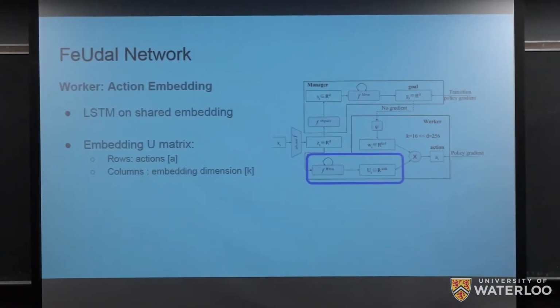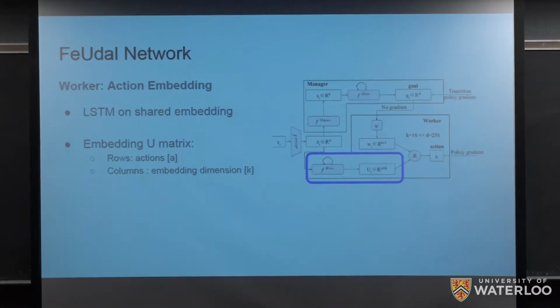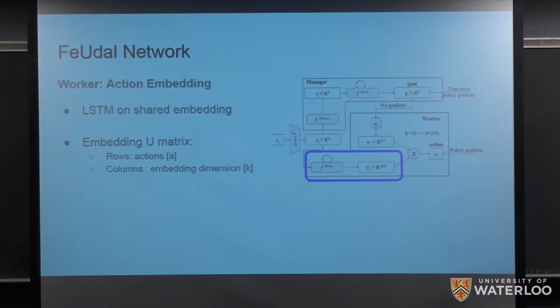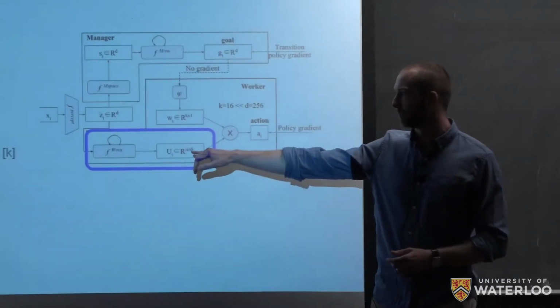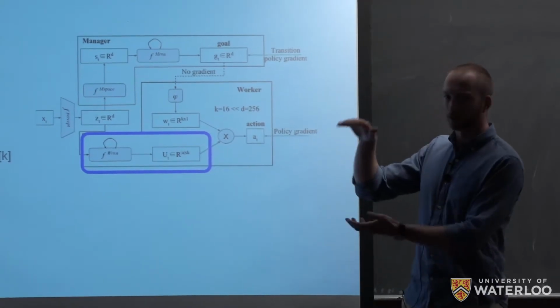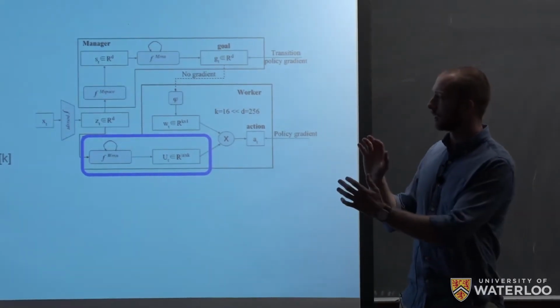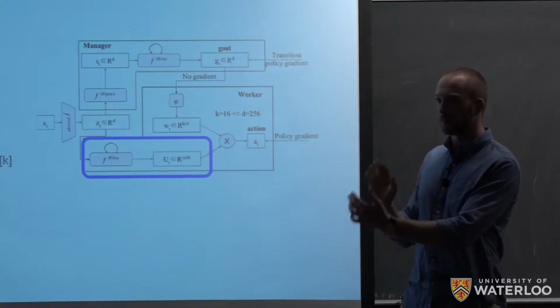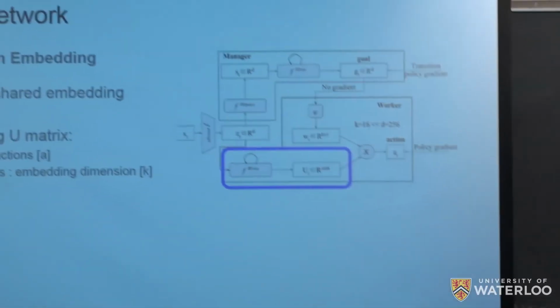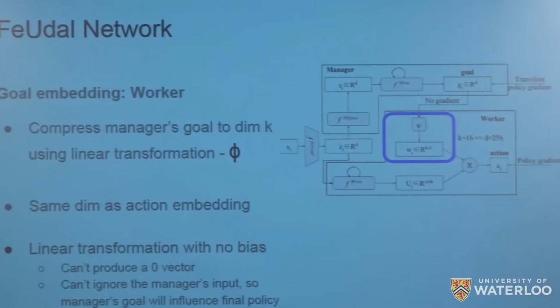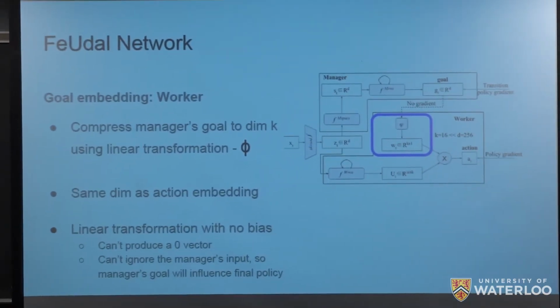Moving along to the worker. The worker uses an LSTM, and what this does is create an action embedding. You get this matrix where the rows represent the actions and the columns represent an embedding dimension. When we have this action embedding, we can also create a goal embedding.